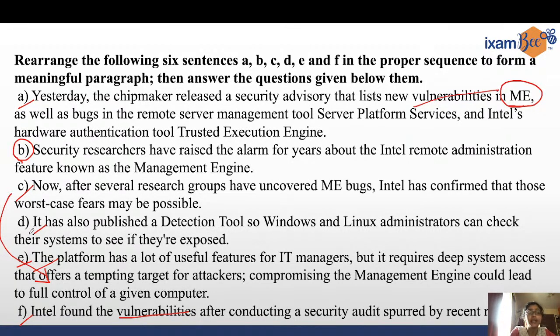"It also published a detection tool so Windows and Linux administrators can check their system to see if they are exposed or not." So they launched a software detection tool which will help them identify the possible threats and neutralize them.